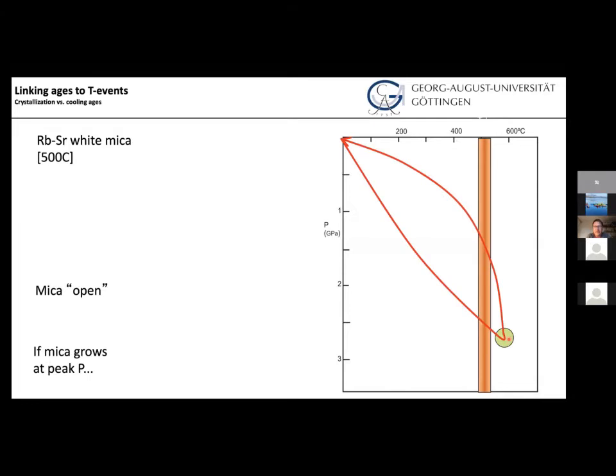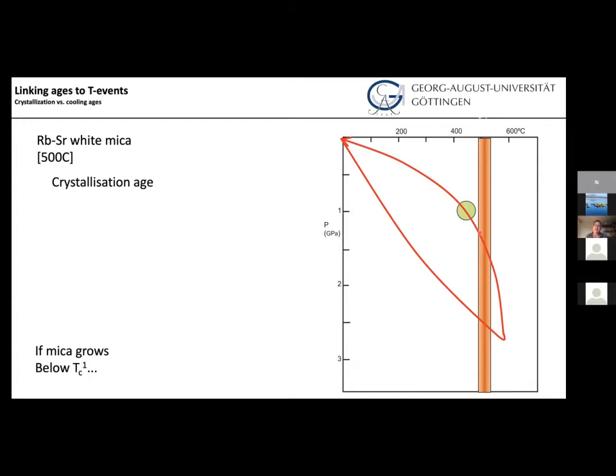And so we are losing the information of the formation, but we know when the mica is passing the closure temperature. So this is what we essentially call a cooling age. If we would have a mica that is formed below that stage, so below the closure temperature, we would call that the crystallization age.